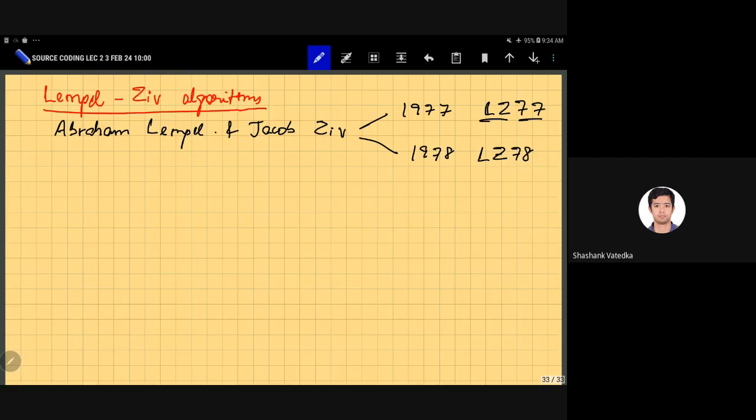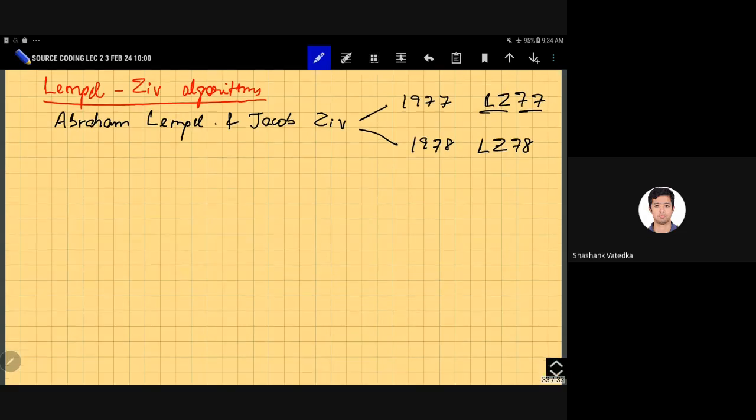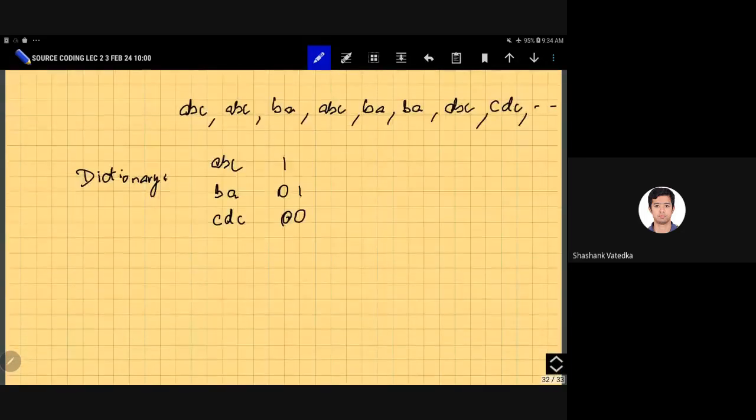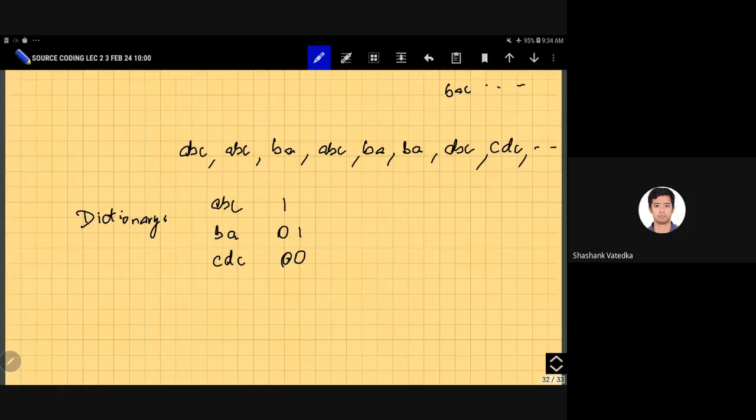LZ77 and LZ78 are basic building blocks of most modern compression algorithms, including gzip and zip and so on. The basic idea of the Lempel-Ziv class of algorithms is to construct a dictionary. You don't use a predetermined dictionary; you construct the dictionary after observing the sequence.